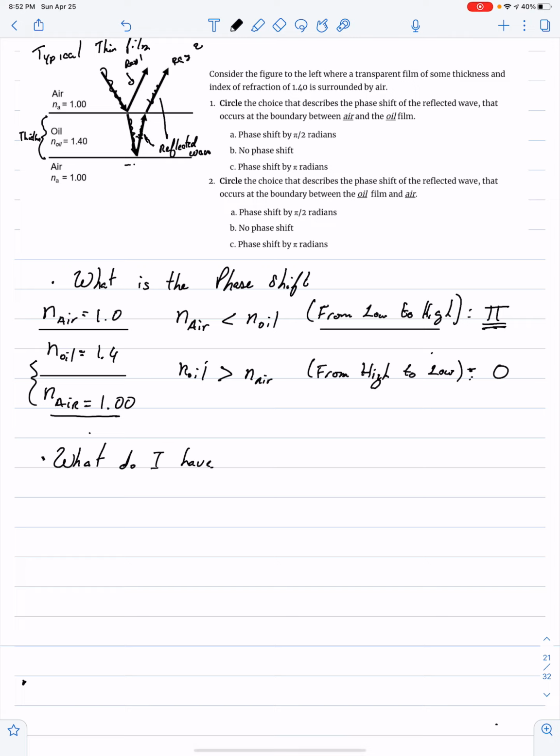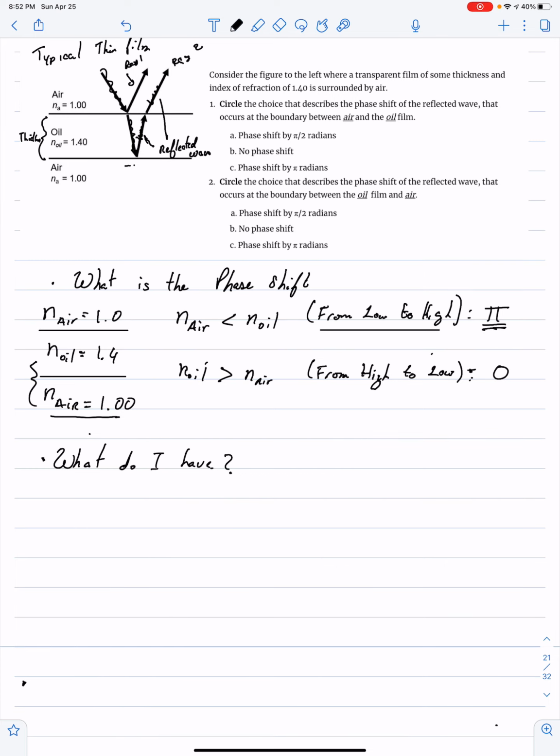Because you've incurred a phase shift, you have to find out whether you have constructive or destructive interference. This is your first scenario, and this is your second scenario. In your first scenario, you had pi, or since it is a phase shift, lambda over 2, meaning there was some type of phase shift.